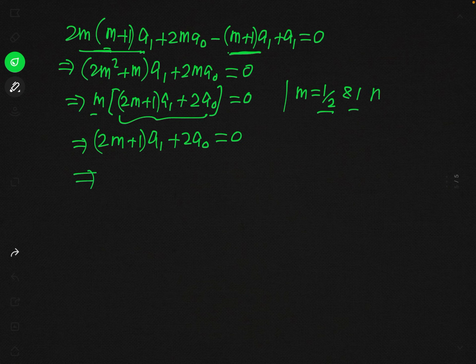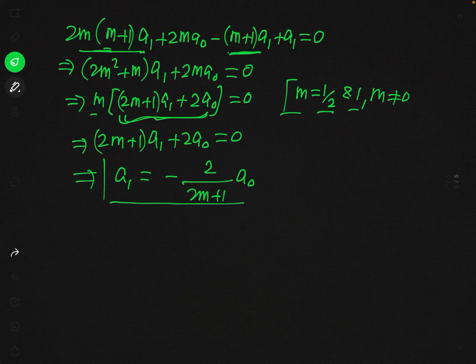And from here you can say that m is not equal to 0, and so I have equated this much equal to 0. And from here you can easily find the value a1 equal to minus 2 over (2m plus 1) into a naught.